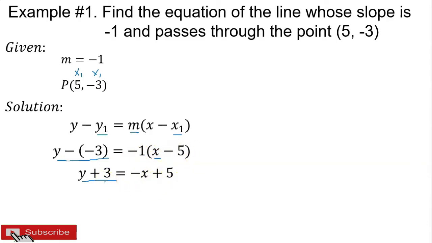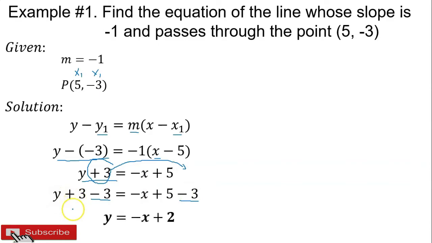So, ang gagawin natin ngayon is by using subtraction property of equality. So, mag-subtract tayo ng 3 on both sides. Okay? So, y plus 3 minus 3 is equal to negative x plus 5 minus 3. Or, pwede nyong gawin, i-transpose nyo yung positive 3 to right side of the equation.